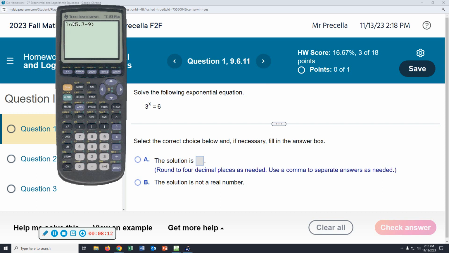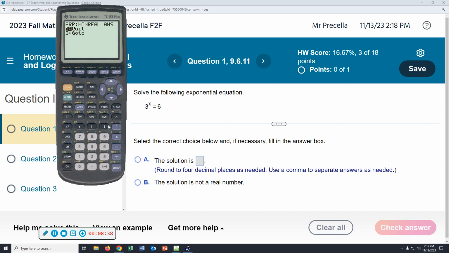If you have a negative after a logarithm, then you'll get the same error message that you get when you're punching in square roots of negatives. We know the square root of negative 25 is 5i, but what does this calculator do when I try to punch in the square root of a negative? It gives the error message, non-real answer.